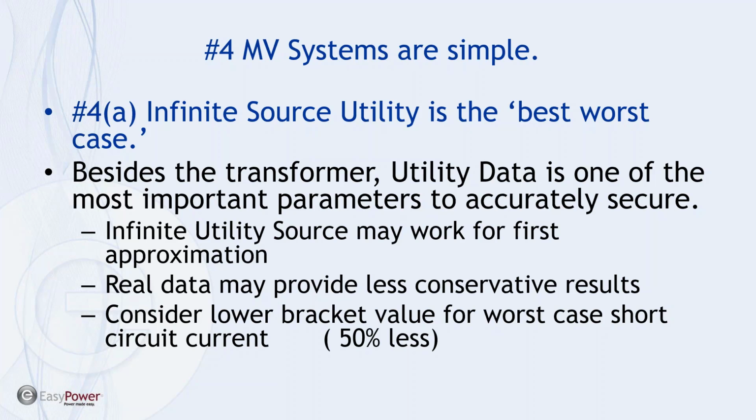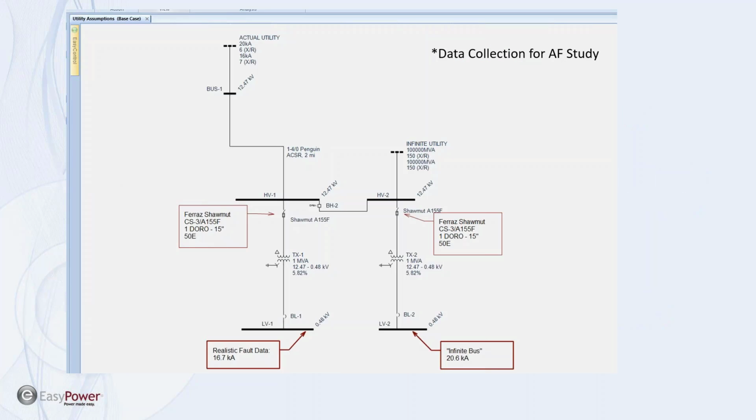If the utility company cannot or does not make that information available, one way to approach that lack of information is to use a scenario that calculates at 50% of the available short circuit current and see what the results are and if that makes a worst case situation. This example is described in the handout section I've provided in the document called Data Collection for Arc Flash Study.